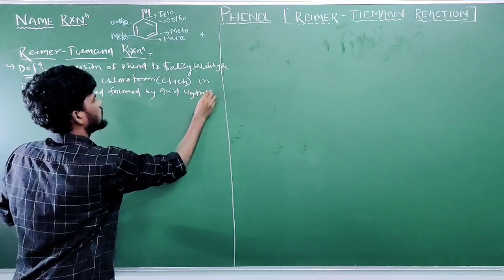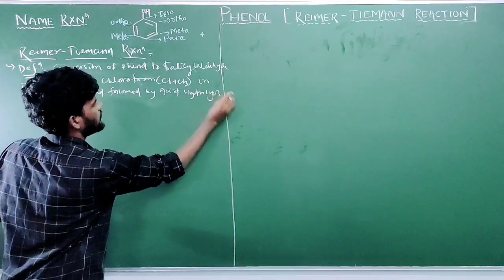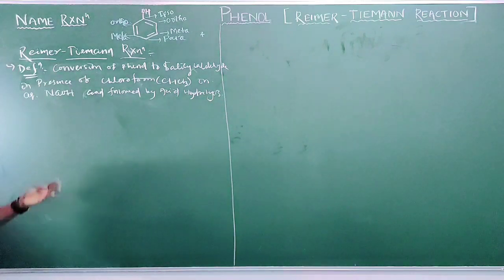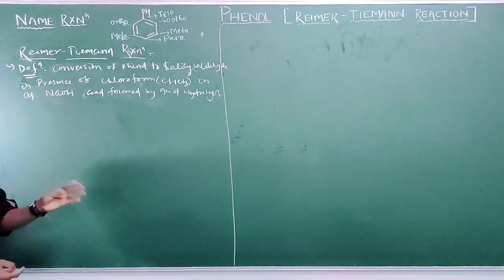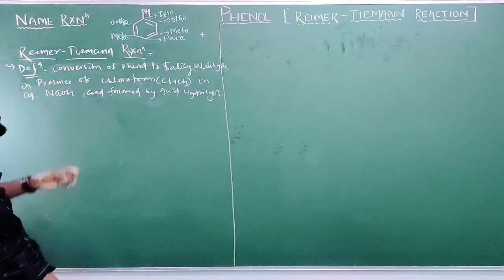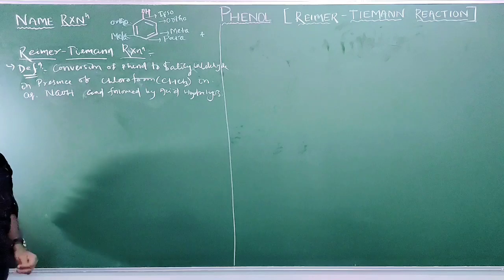Means H plus water. You can use hydrochloric acid in water, or 5% HCl also. So in this way phenol gets converted into salicylaldehyde.